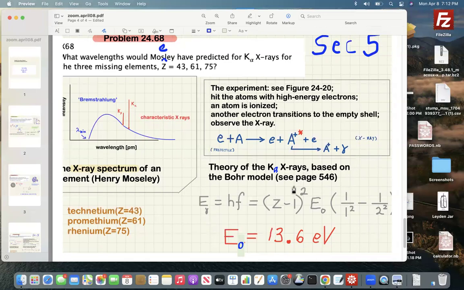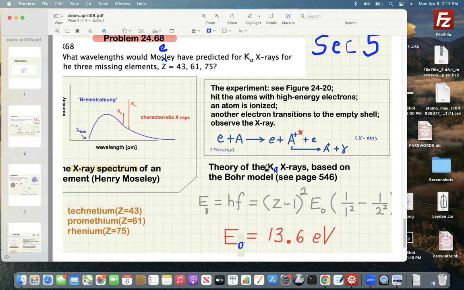So if this is a K alpha X-ray, that's where the initial state is an excited state, like it might be a state with principal quantum number 2. The final state is the ground state, the state with principal quantum number 1.